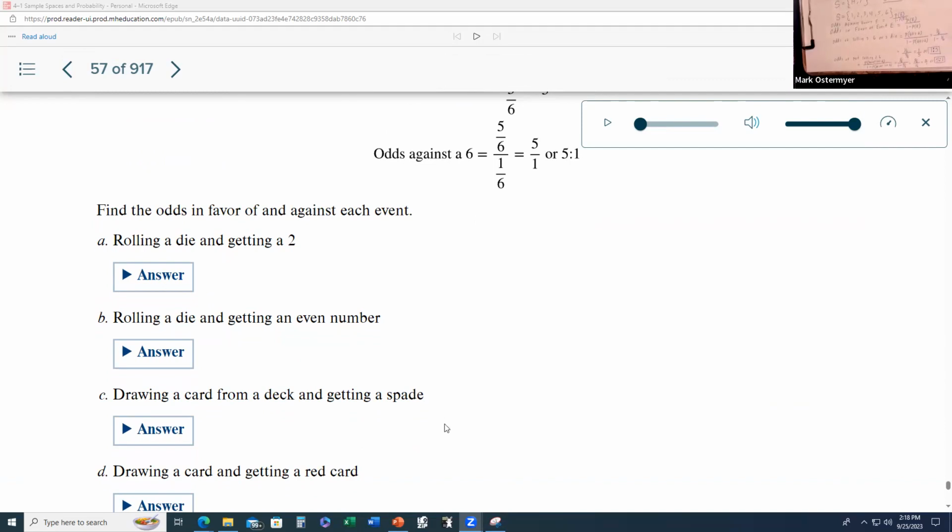All right, I want you to do for the last classwork here. Here it is. I want you to do 47B right here. What are the odds of rolling a die and getting an even number? In other words, what's the odds in favor of rolling an even number? Go ahead and compute the odds of rolling an even number on a die.